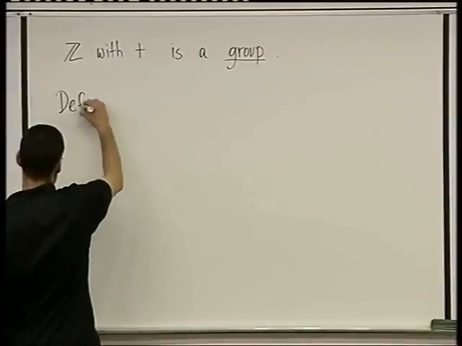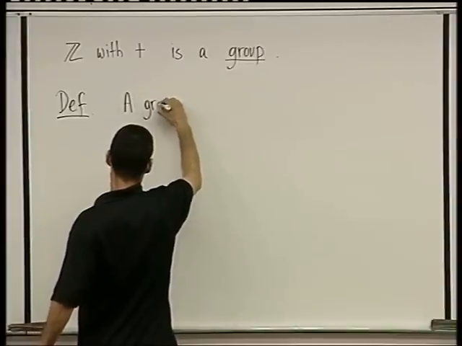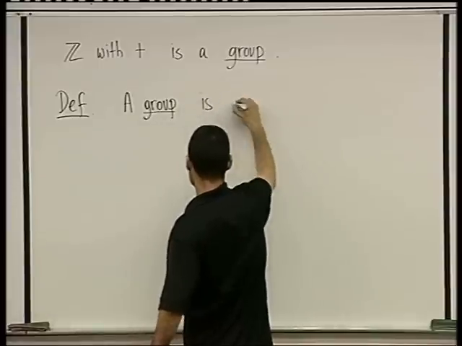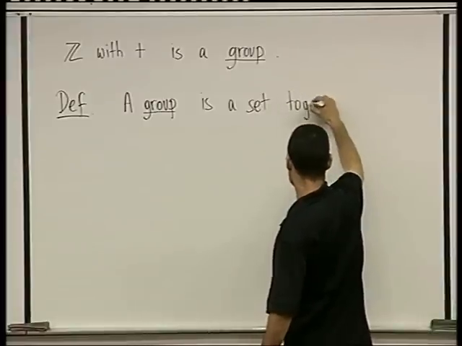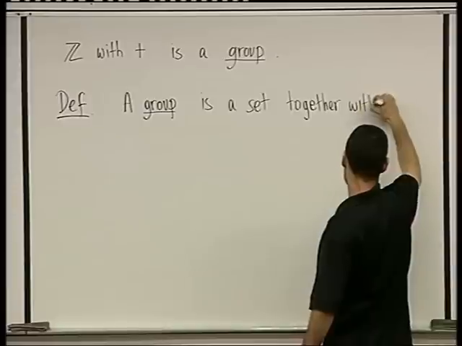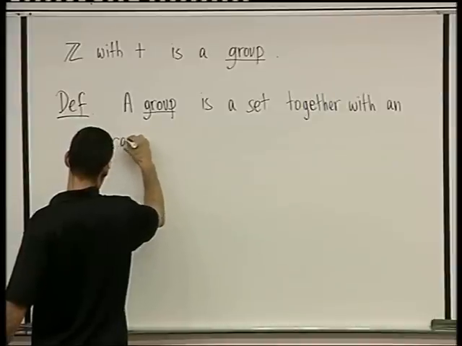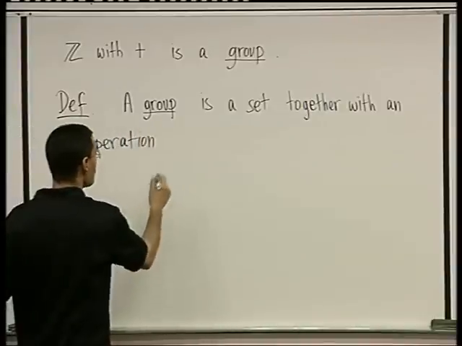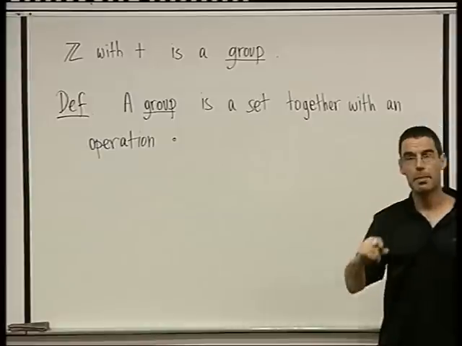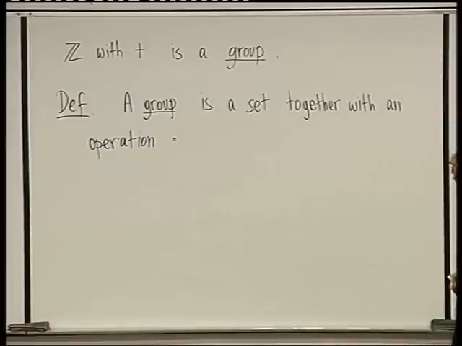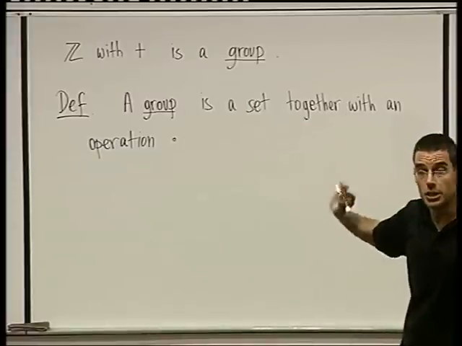Here's the definition. A group, that's what I'm defining, is a set, which is just a collection of elements, together with an operation on the elements of the set, which we're going to denote by a dot, but a bigger dot, a tiny little circle, so as not to confuse it with any existing operation that you know on numbers.